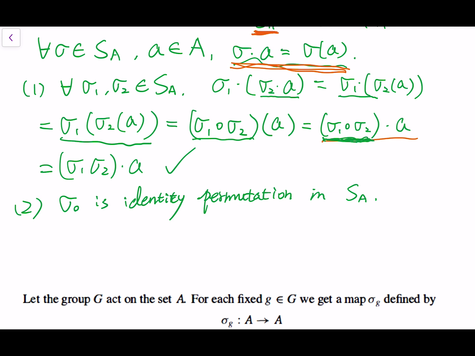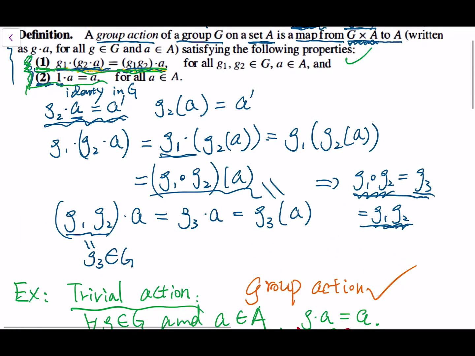As we know, the identity permutation does not permute any element in the set A. So sigma 0 act on any element A means it maps A to another element, and because sigma 0 does not permute any element, it fixes A. So we get A here, and this is what we want for the second property.